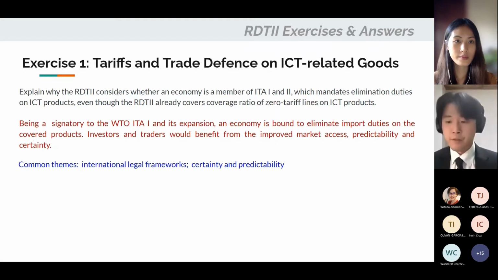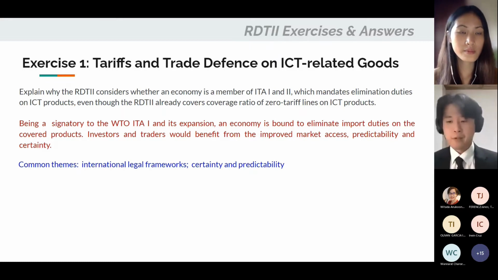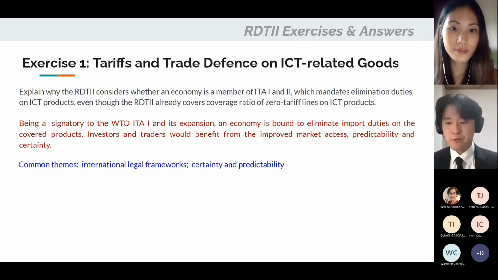That is one of the common themes that run through the RDTII. And RDTII also cares about certainty and predictability. Investors want to know what's going on in the regulating economy before they invest and sell their products to that economy. So that is the other common theme illustrated through the exercise.